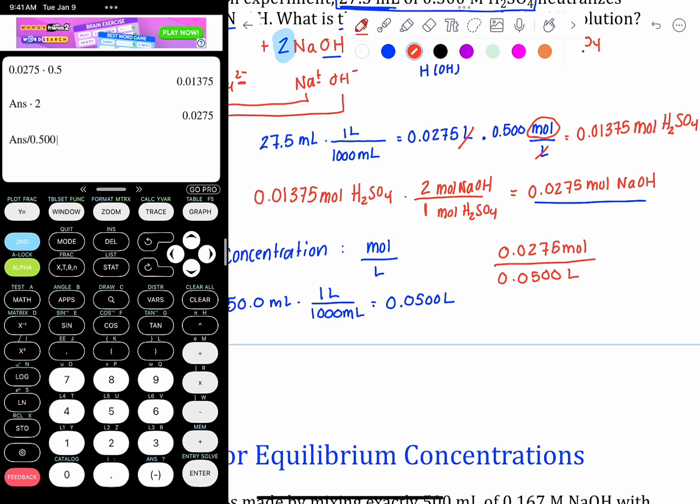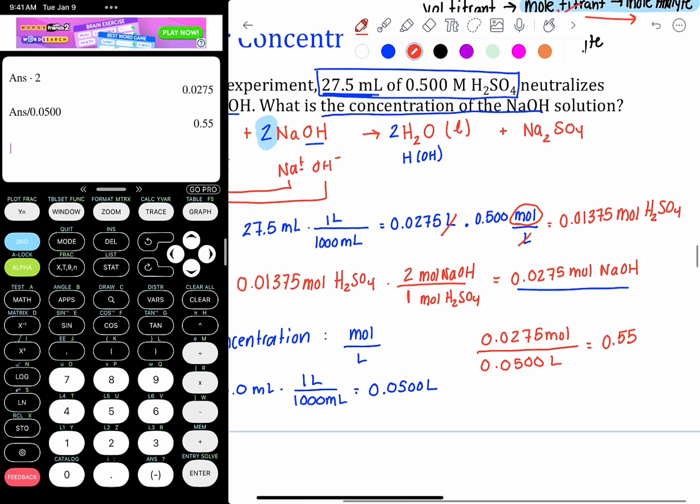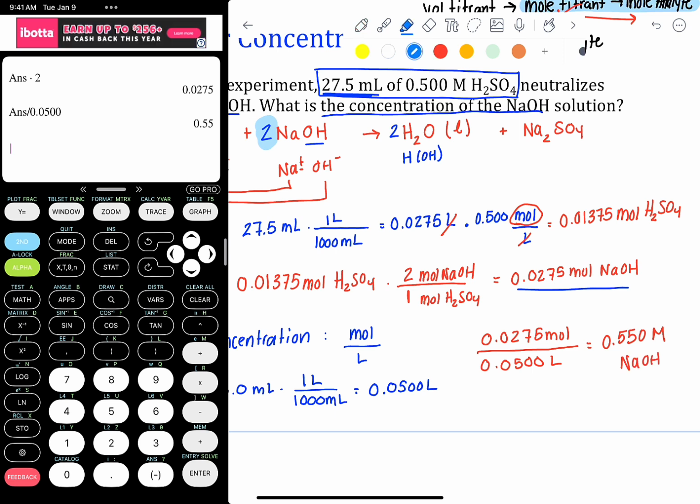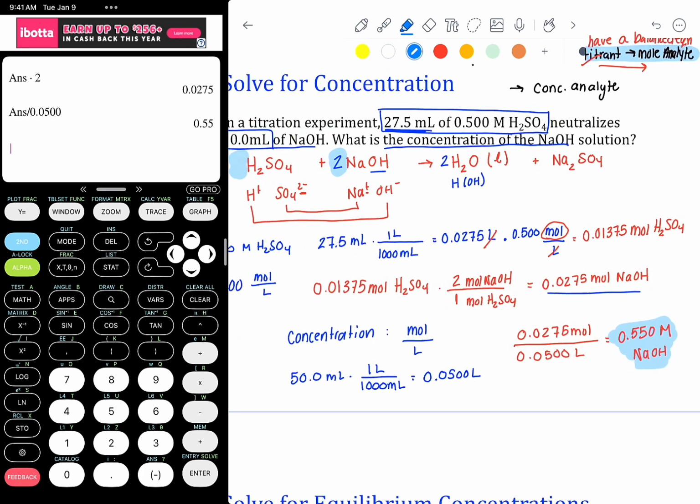Oops, forgot a 0. And we get a concentration of 0.550, let's see, how many sig figs? 3 sig figs, molar NaOH. And that is our concentration of our NaOH solution.